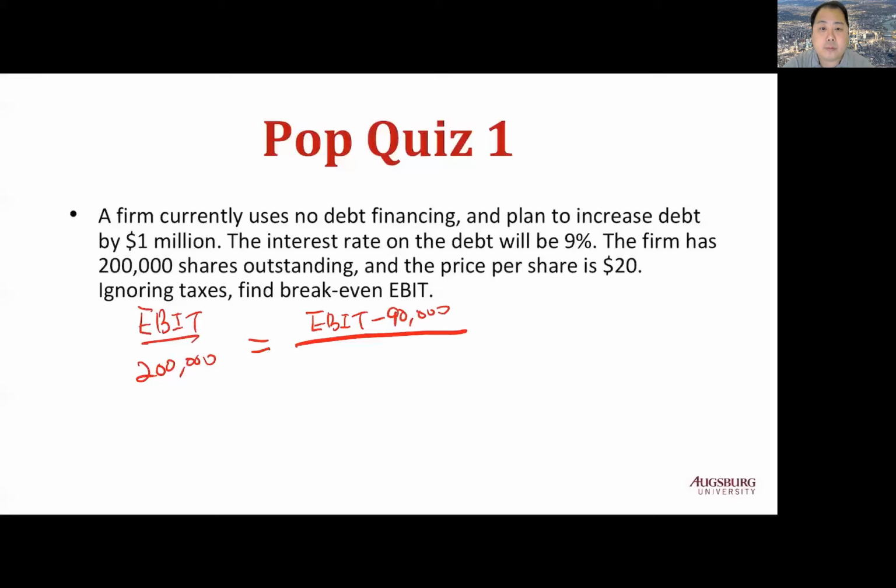And since the firm will repurchase shares worth $1 million, it will buy back 50,000 shares since the current price is $20. So the denominator is the new number of shares outstanding, 200,000 minus 50,000 equals 150,000. Solving this equation, break-even EBIT equals $360,000.